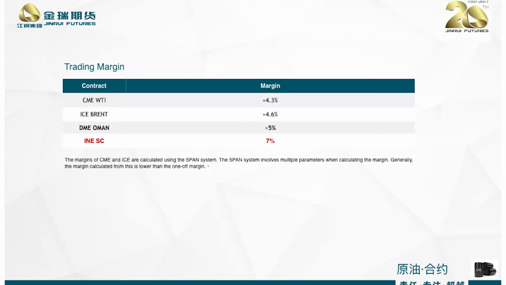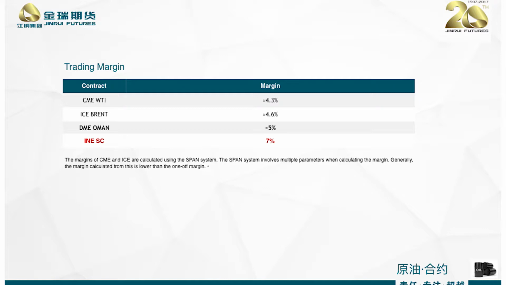As for the trading margin, the margin of the INE crude oil futures contract is 7%, while the other three crude oil futures adopt both the initial margin and position margins.